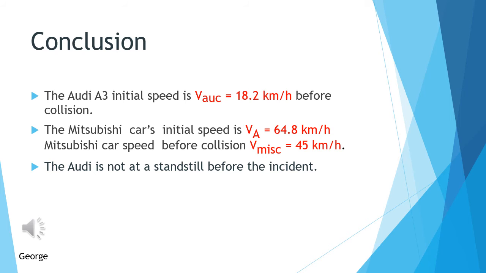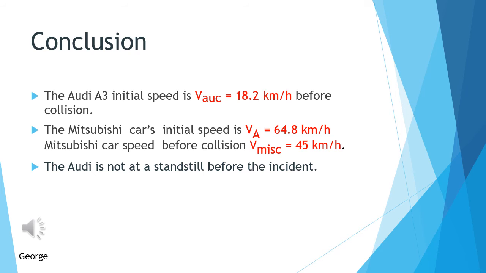The Audi's initial speed is 18.2 km per hour or 5.06 meters per second, which is calculated through the use of the vertical conservation of momentum. We know the Audi has an initial speed and is not at a standstill before the incident because of the way the cars merged after the collision. This is due to the fact that they ended up together on a 20-degree angle below the horizontal at a constant speed.